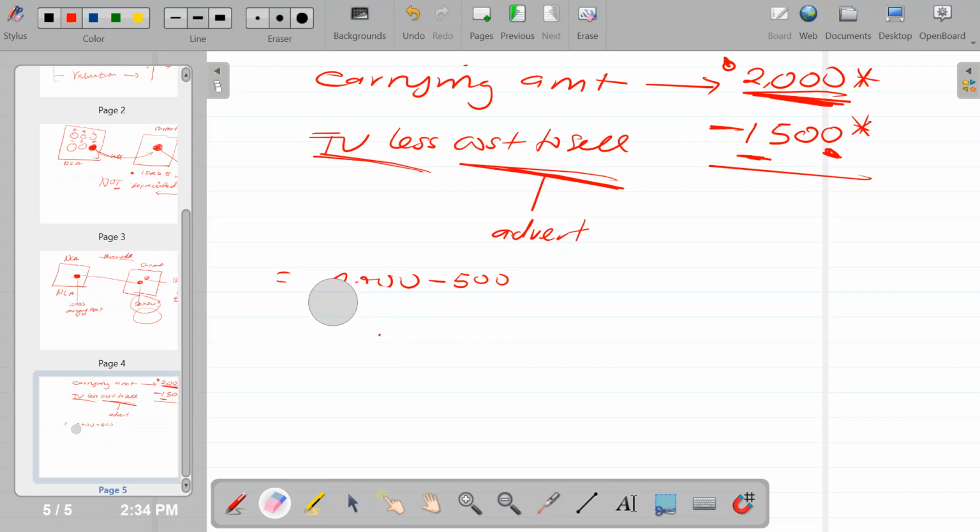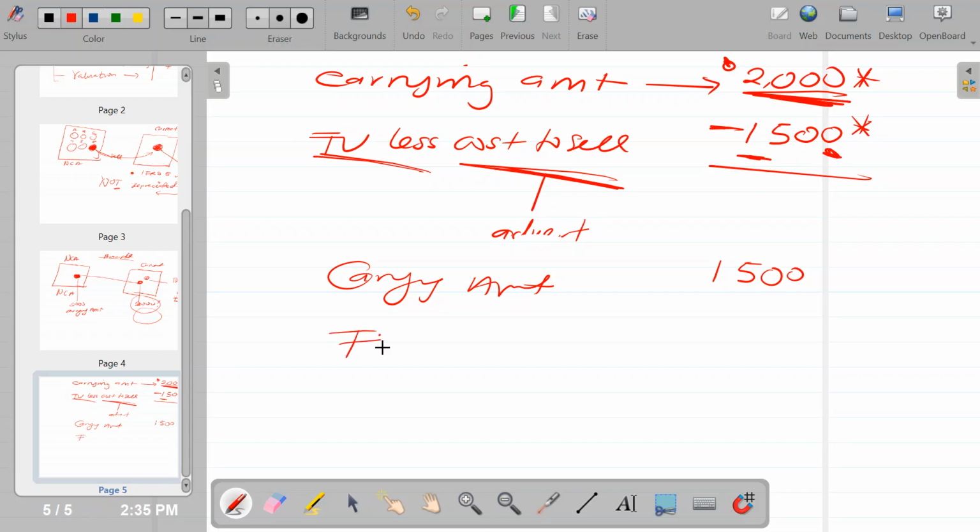Now let's look at another scenario. Let's just change the positions. The carrying amount is 1,500. The fair value less cost to sell is 2,000.